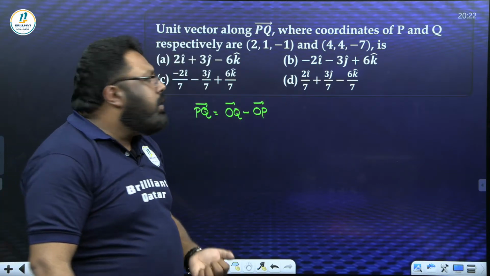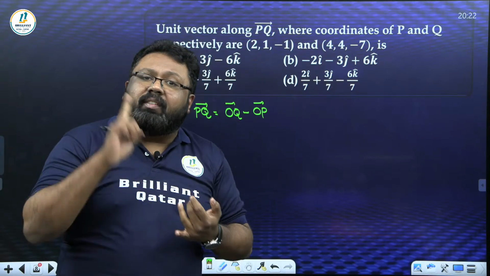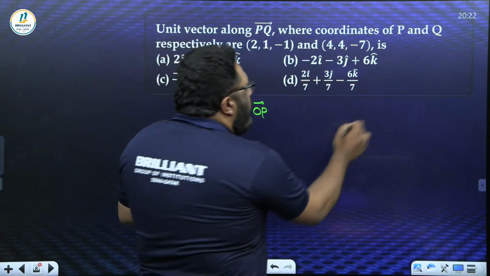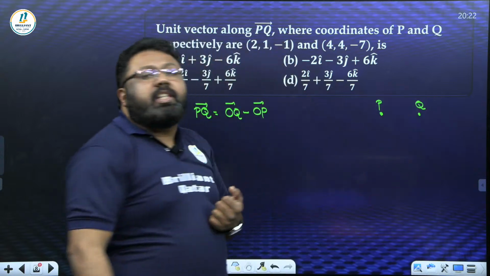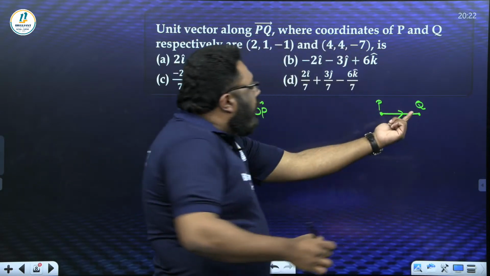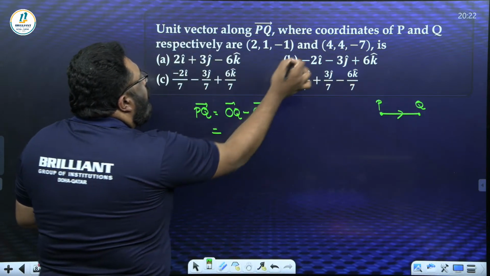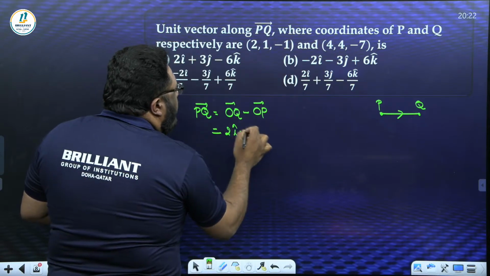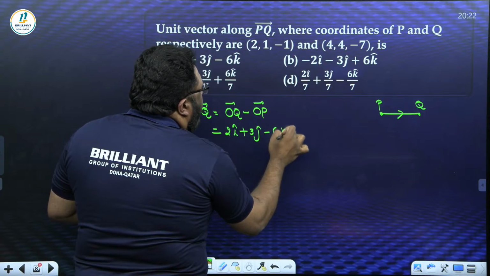Position vector simply means the coordinates of the point. It is a vector corresponding to the coordinates of a point. And the PQ vector is simply vector Q minus vector P, that is 4 minus 2, 2i, 4 minus 1, 3j, and minus 7 plus 1, minus 6k.